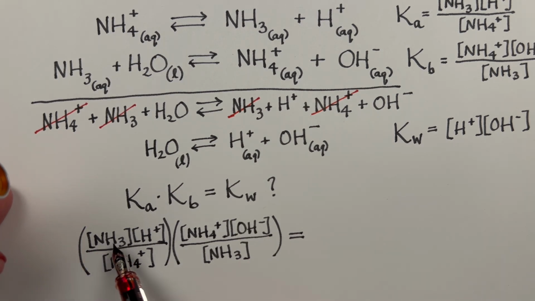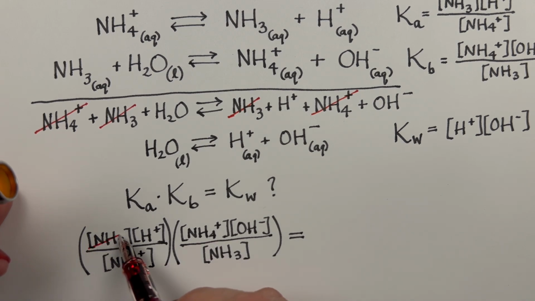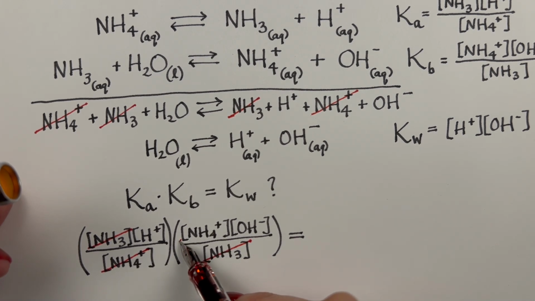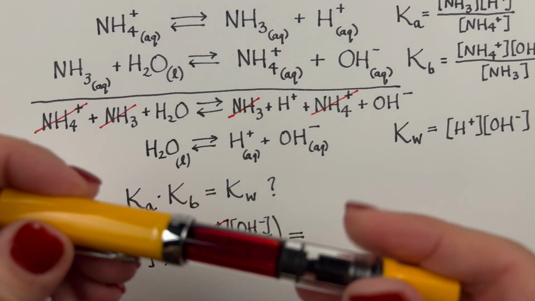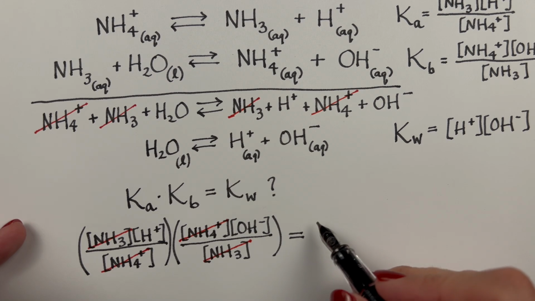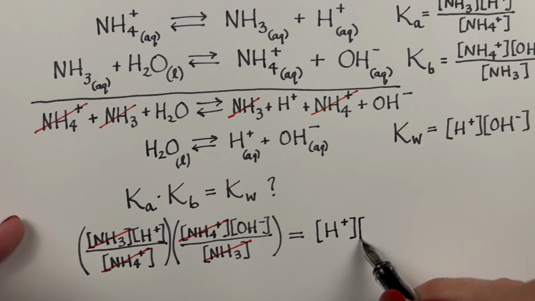We have NH3 in the numerator and in the denominator, so those will get canceled out. And we have NH4 in the denominator here, which cancels out with the numerator here. And lo and behold, what does that leave? H plus times OH minus, which indeed is the same as Kw.